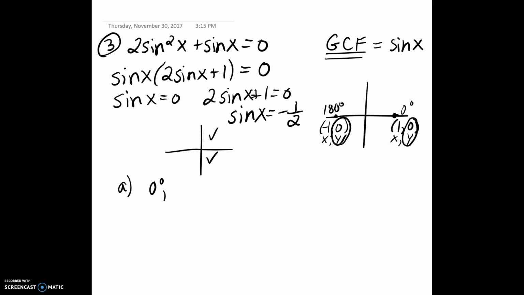And then the other answer, sine x equals negative 1/2, the reference angle for this is 30. So remember, if we're looking at the fourth quadrant for that, we're actually going to put negative 30 because we want the answers for our principal values for sine to be between negative 90 and 90.